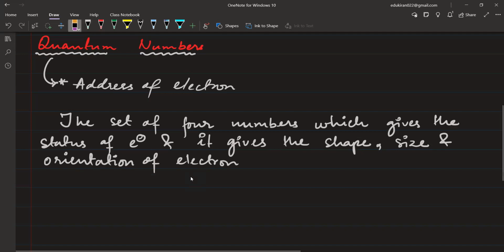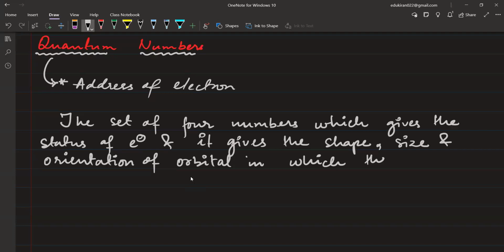Or another way to say, the orientation of orbital in which the electron is present.